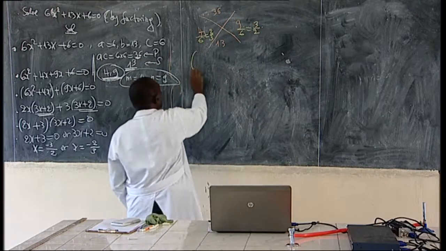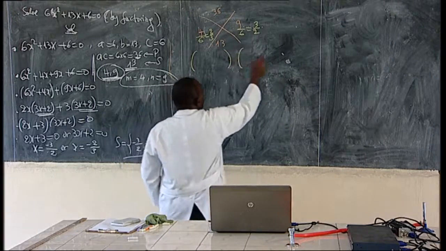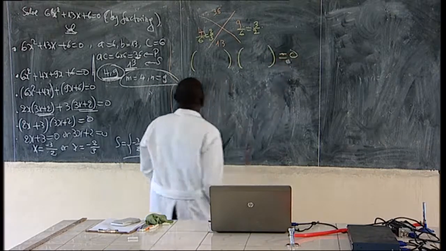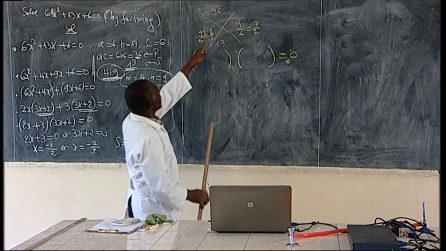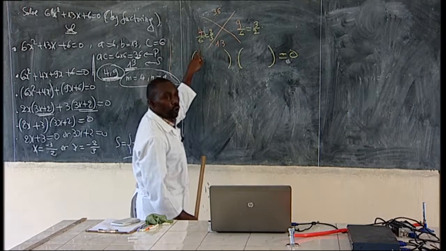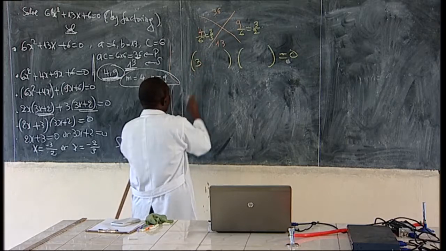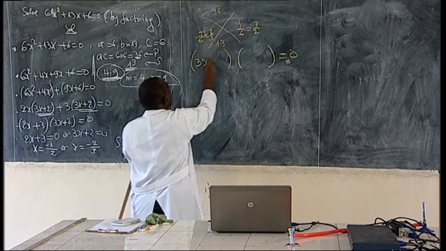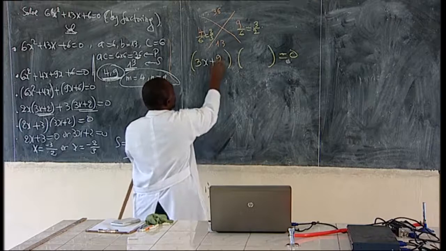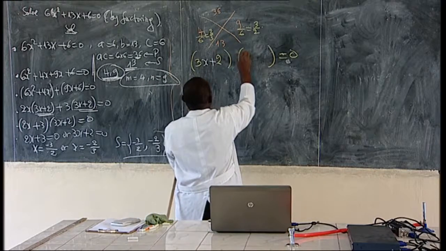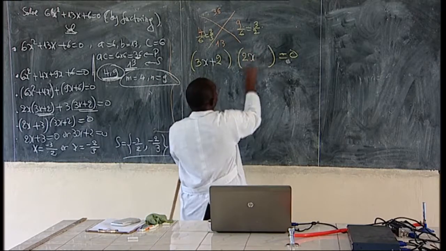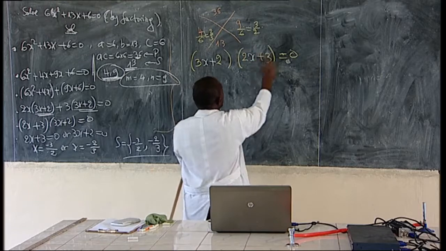And you need the factors equals 0. What you do, this denominator is the coefficient of the variable. It means that you have 3x, then you add the numerator plus 2. And here you have 2x, then plus 3.